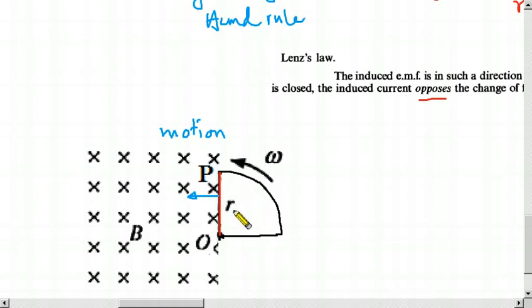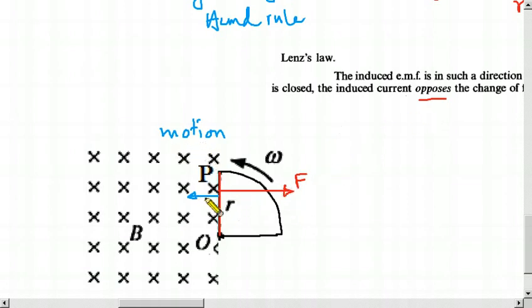So when that current flows, what happens? It opposes. It opposes means it generates a force opposing this motion. Opposing means to the opposite direction. To the opposite direction there will be a force generated by this induced current. So this force now we know, since it is opposite, so we can mark it like this.